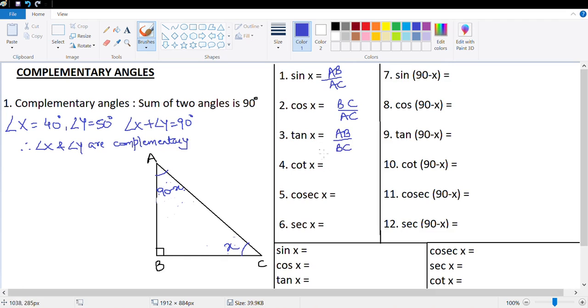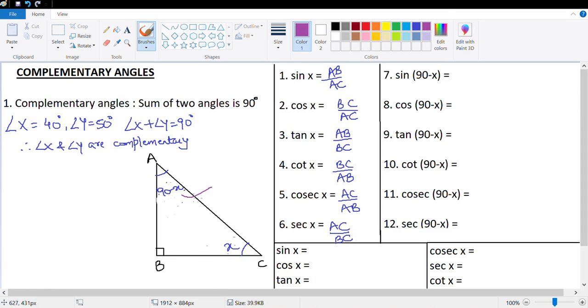Cot x is a reciprocal of tan, which means BC upon AB. And cosec x is reciprocal of sine, which means AC upon AB. And sec is reciprocal of cos, which means AC upon BC. So all this we've done with the reference angle x.